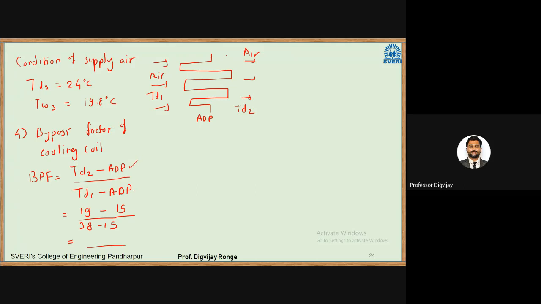Maximum temperature drop will be TD1 minus ADP. So please calculate the bypass factor.